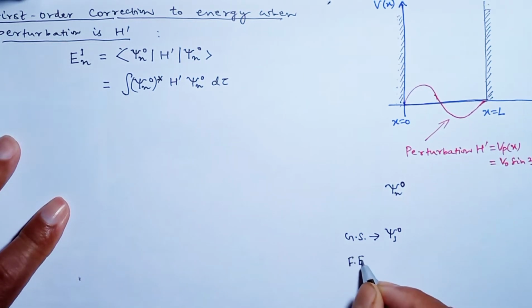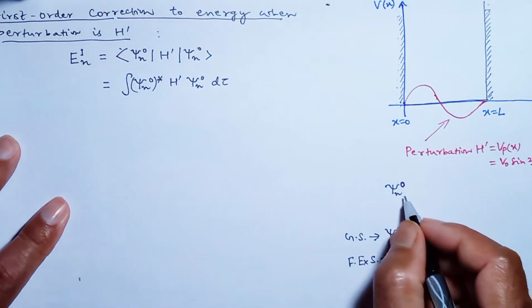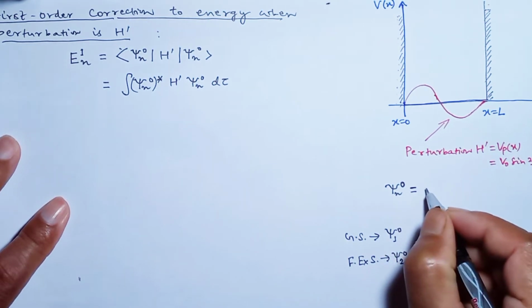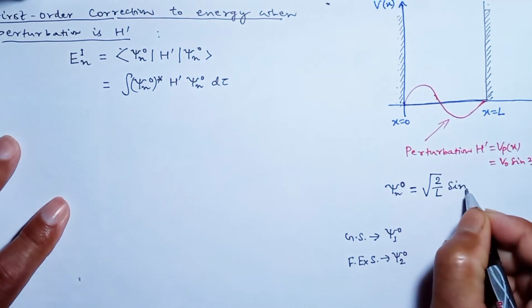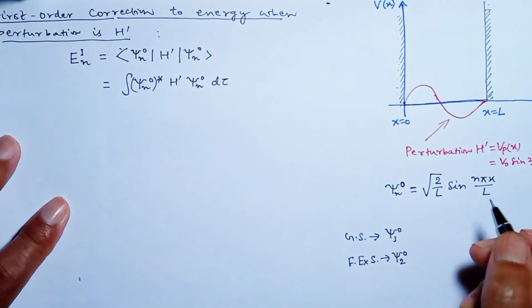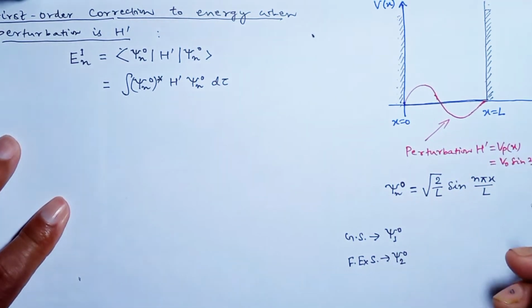The first excited state wave function would be psi2 0 for n equals 2. Similarly, the second excited state would be psi3 0. Psi n0 may be written as under root 2 upon L sin n pi x upon L. This is the unperturbed wave function for infinite potential well.